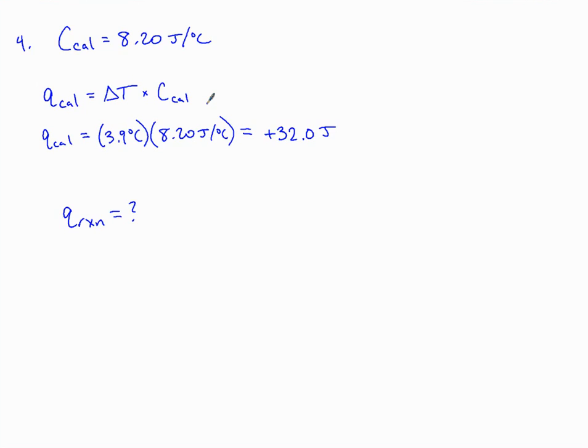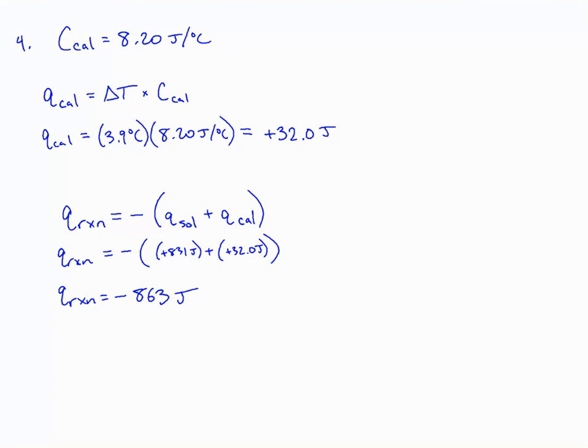And so we see that in this particular experiment, the calorimeter absorbed 32.0 joules. This was basically the coffee mug absorbing energy and becoming hot. So what is the Q for the reaction if the calorimeter absorbed 32.0 joules?